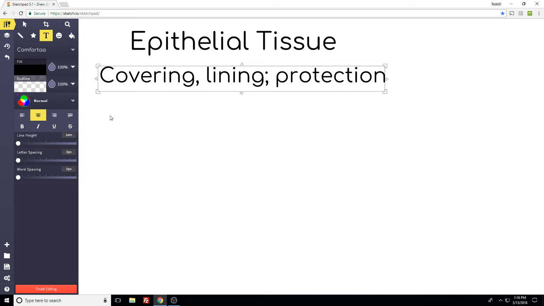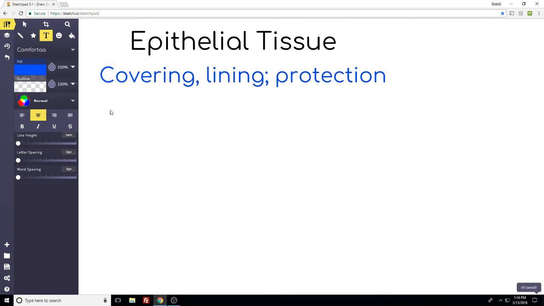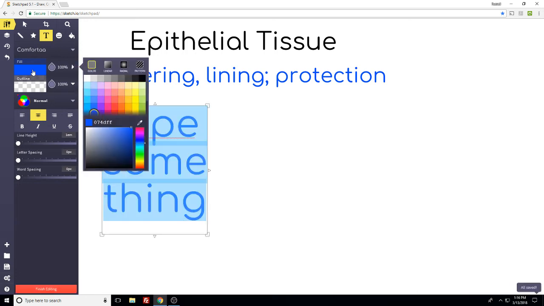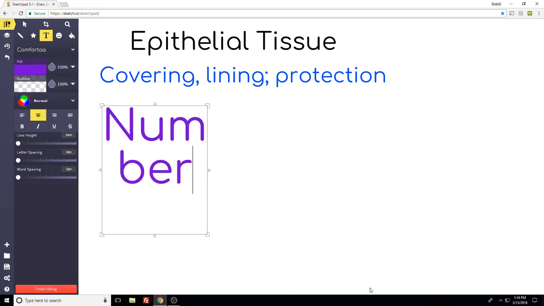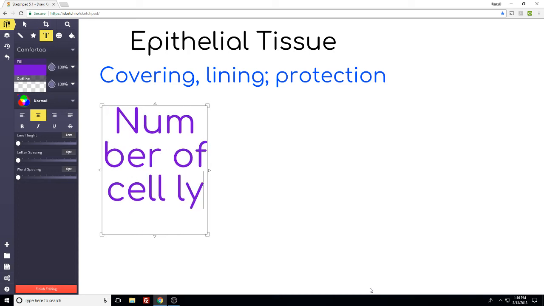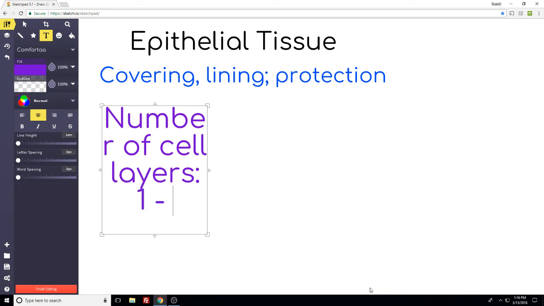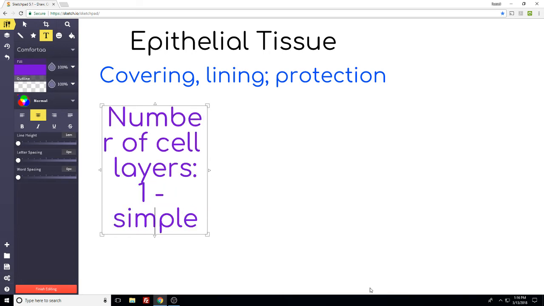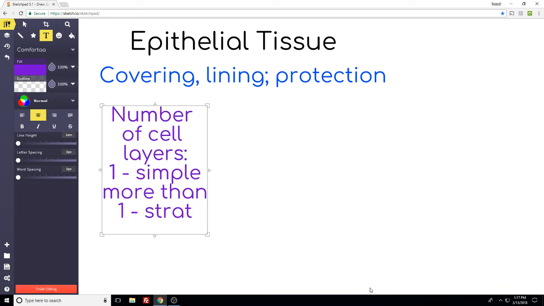When we talk about epithelial tissue, we have two kinds of characteristics that we use. If you like organized things, epithelial tissue naming is going to be right up your alley. One of the things that we're going to look at is the number of cell layers. Our options here are going to be one layer, which we call simple tissue type, or you can have more than one, which is going to be the term stratified.